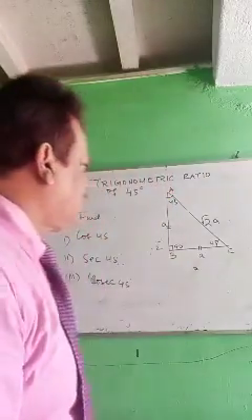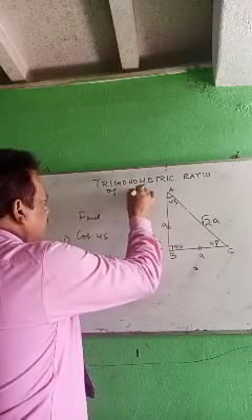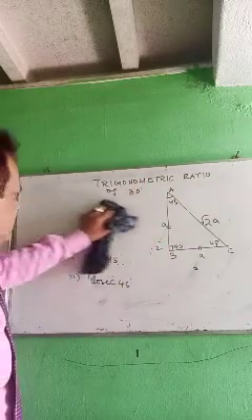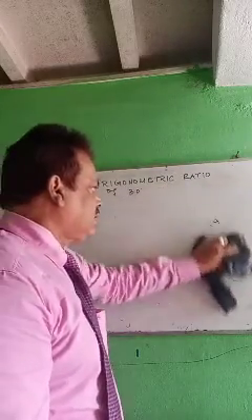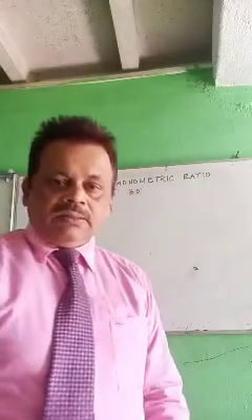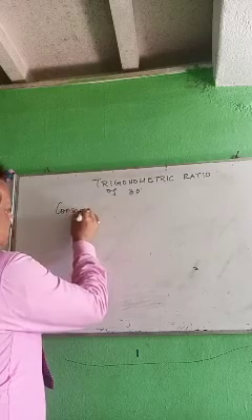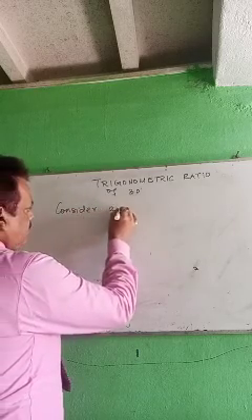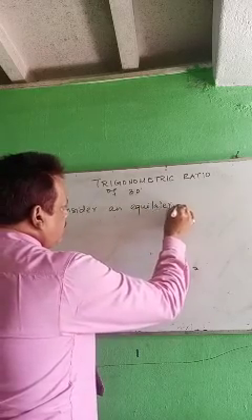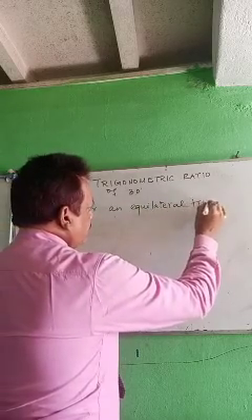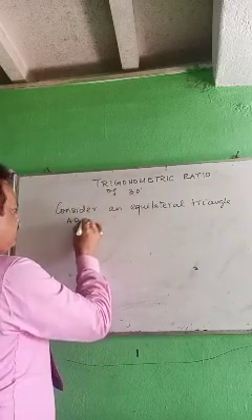Okay, now the trigonometric ratio of 30 degree. For this, the triangle has to be changed. You have to take an equilateral triangle here. Consider an equilateral triangle ABC.